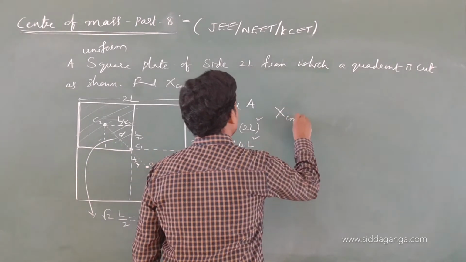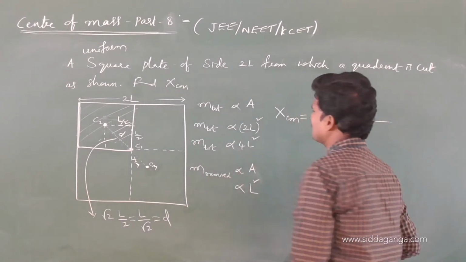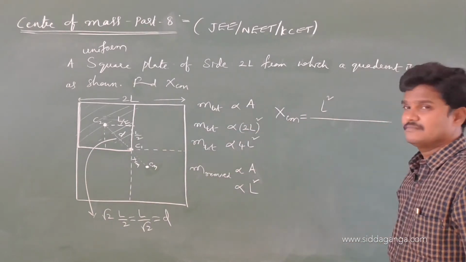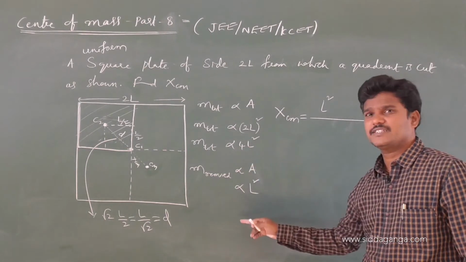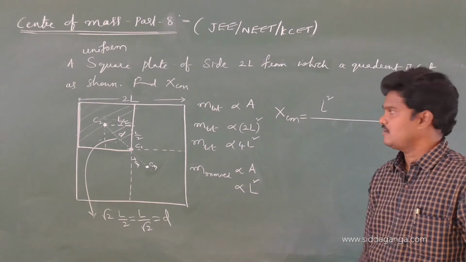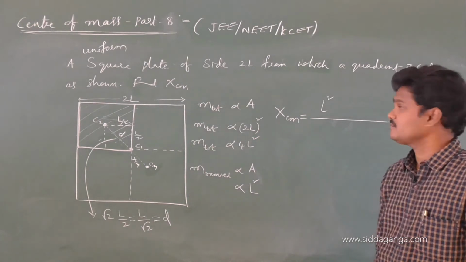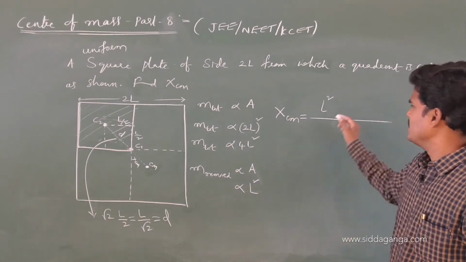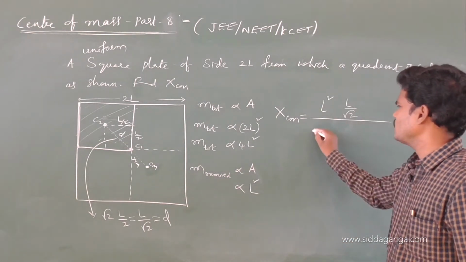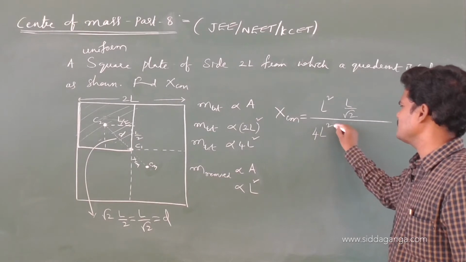Then coming to our formula, mass removed. Mass removed is proportional to L square. Again I am using only proportionalities because the cut is a square. Otherwise I will use area. From area I wrote L square into distance. How much the distance? L by root 2. Total mass is 4L square.